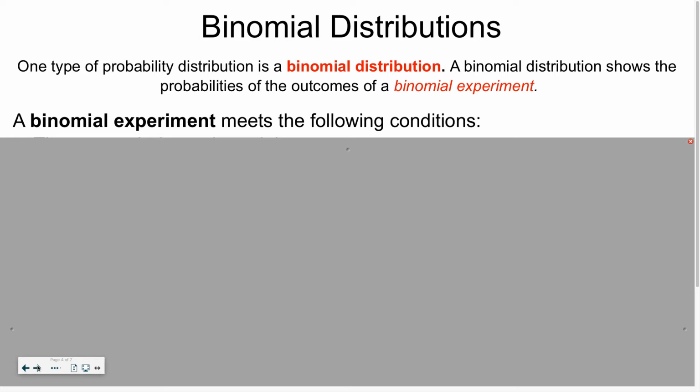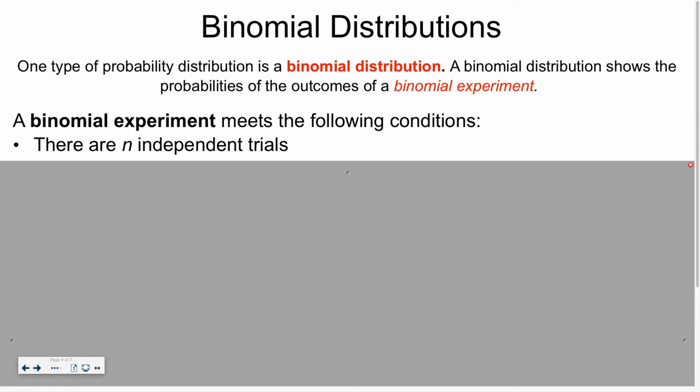A binomial experiment will meet the following conditions. You will have n independent trials. The trials are independent of each other. One does not affect the outcome of another.